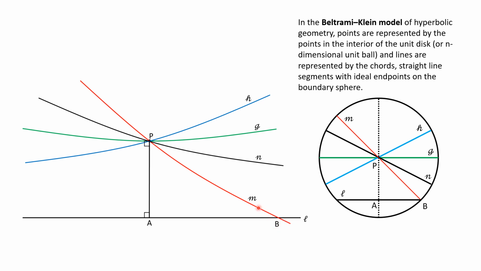And what we'll show later in this lesson is that there's going to be a particular line, the first line in terms of this angle here between AP and the line, where the line intersects L. And then everything on the other side here, so N, G, and H are parallel.